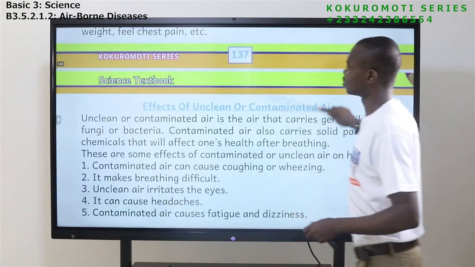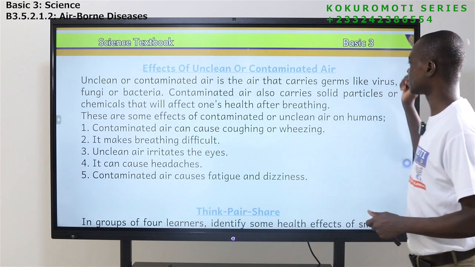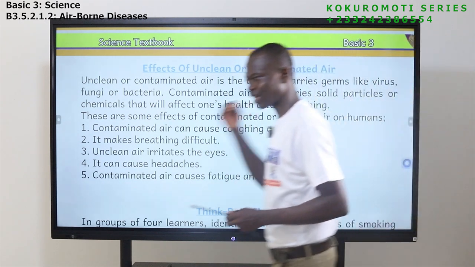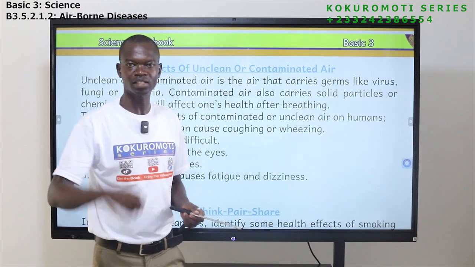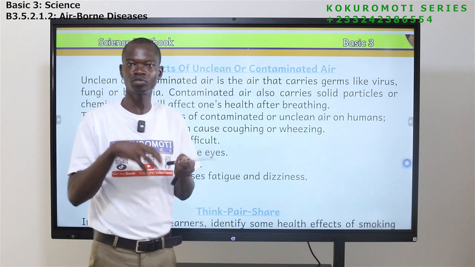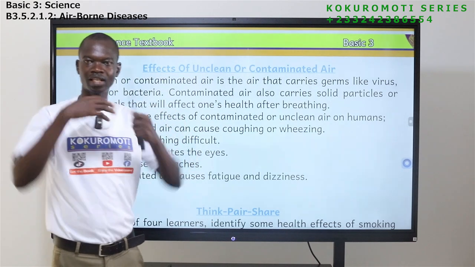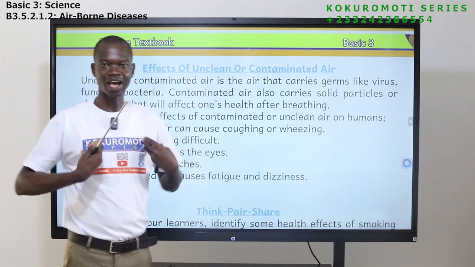Okay. Let's continue. What are the effects of unclean or contaminated air? We are talking about diseases that can be transmitted through air. If the air is contaminated, if the air contains particles that are harmful to us, if the air is not clean, if the air is dirty, what effect is it going to have on us?